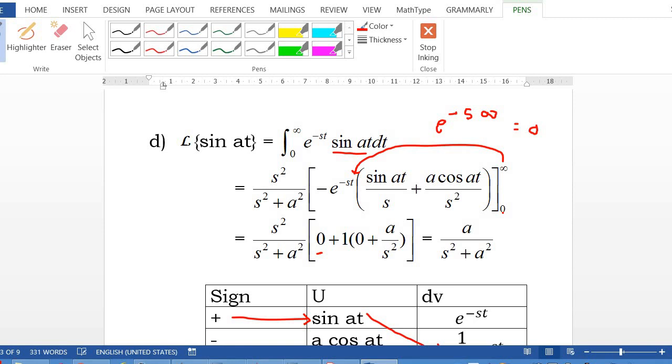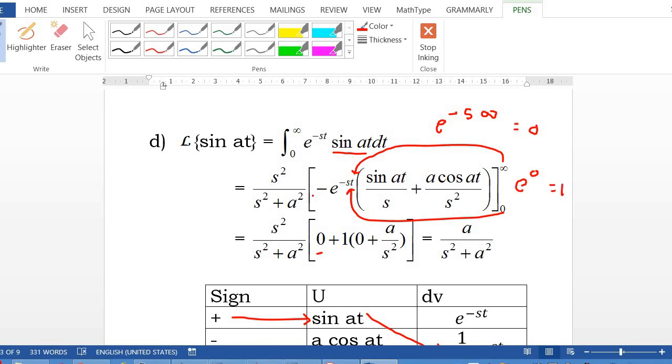Later on, we plug in t with 0. So e to the 0, we have 1. So minus -1 becomes +1, because e to the 0 equals 1.